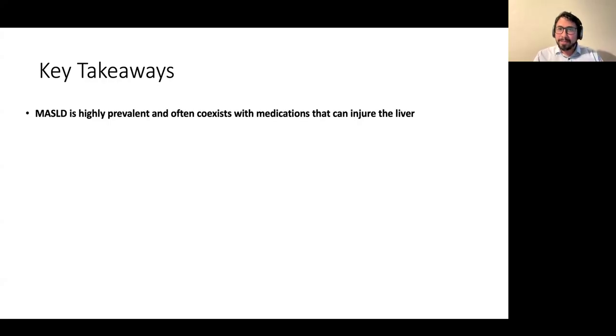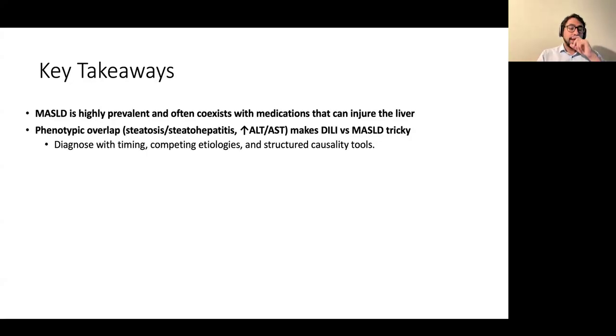MASLD is extremely prevalent, but usually coexists with medications that can injure the liver. And the identification in different categories of steatotic liver disease probably underestimates drug-induced liver injury as well as other categories. Then there's a phenotypic overlap between some medications that can induce liver steatosis and MASLD.